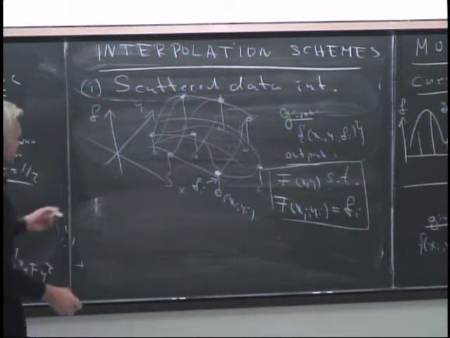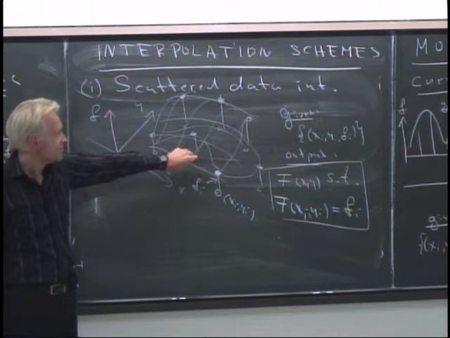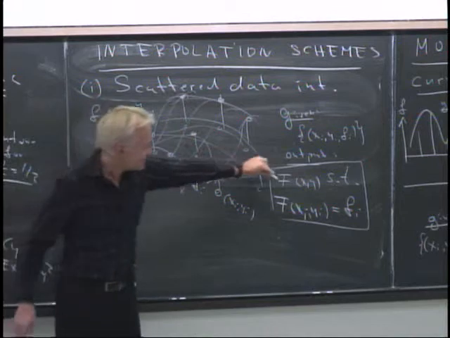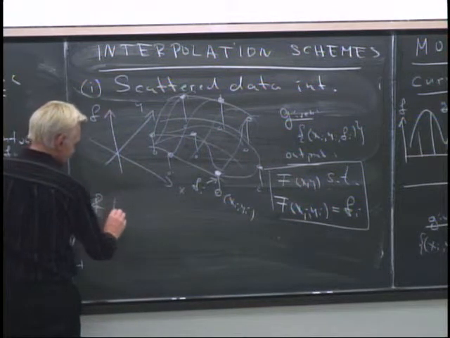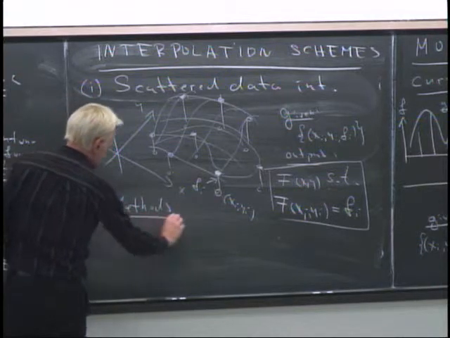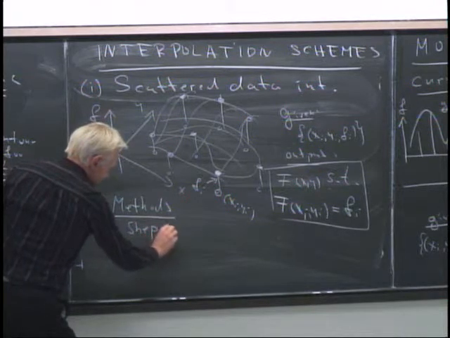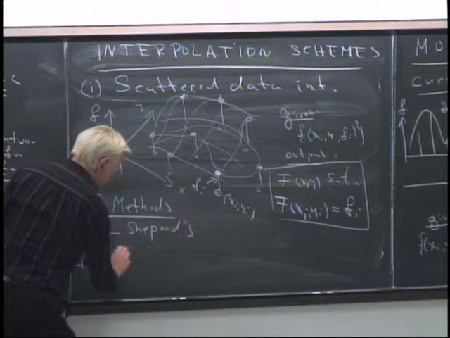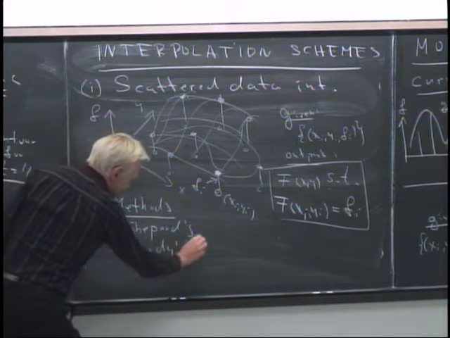This is the scattered setting. I consider nothing but the original locations and construct this function capital F. And there are two methods that we will talk about more and more to do this. One is called Shepard's method, and the other is called Hardy's method.